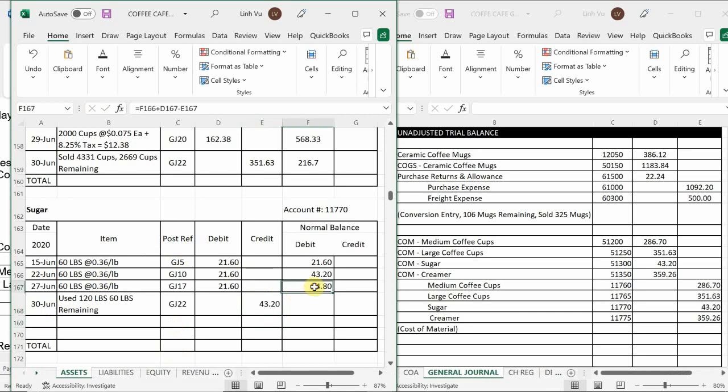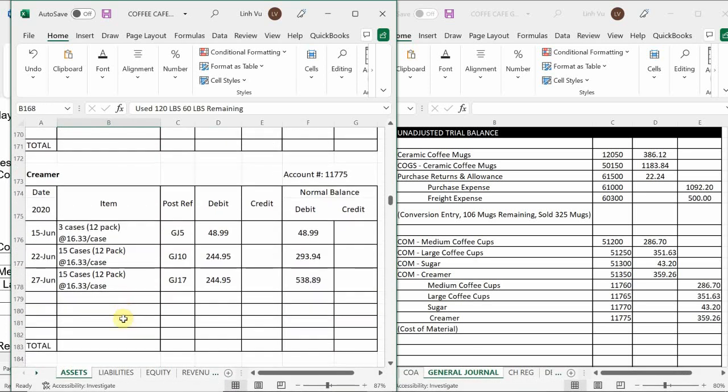So what should be my total amount? $21.60. Okay.